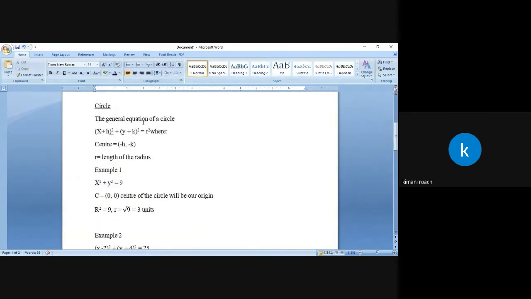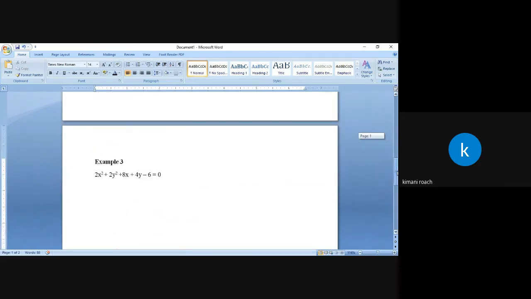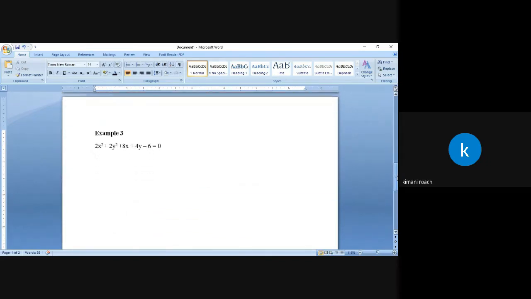If it doesn't come in this form, then we will have to manipulate our equation so that it takes that form. How can we do that? We're going to carry out the operation of completing the square.